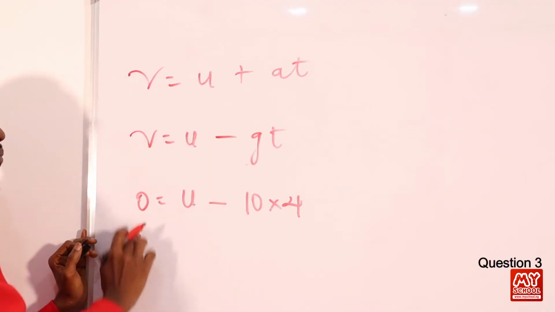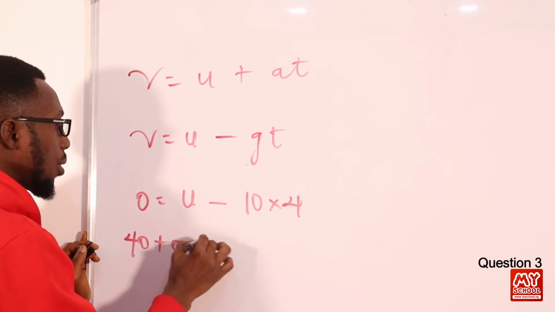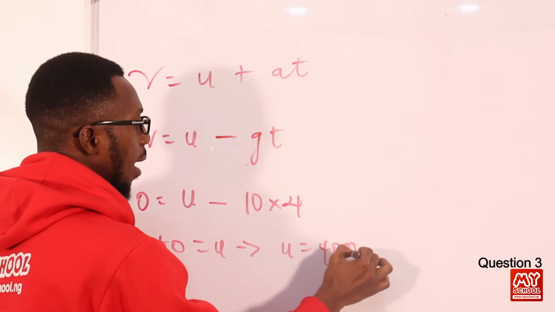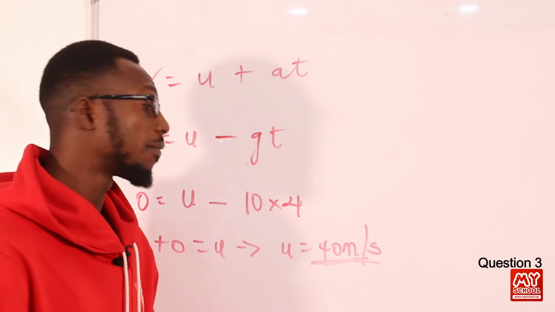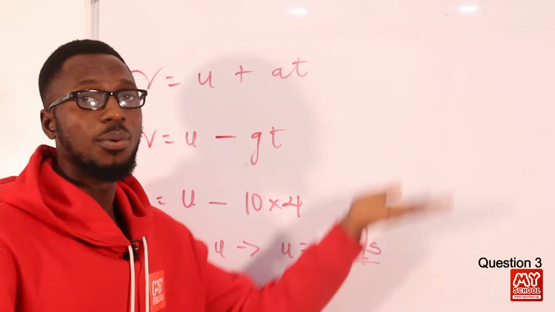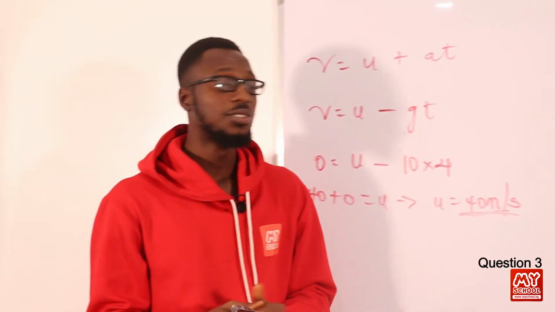If minus 40 comes outside, it becomes plus 40. So I have 40 plus 0 equals U, that is U equals 40 meters per second. If I was asked to look for the maximum height, then I would have proceeded with another formula.